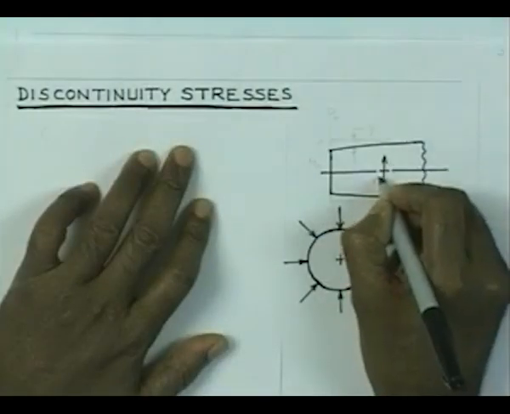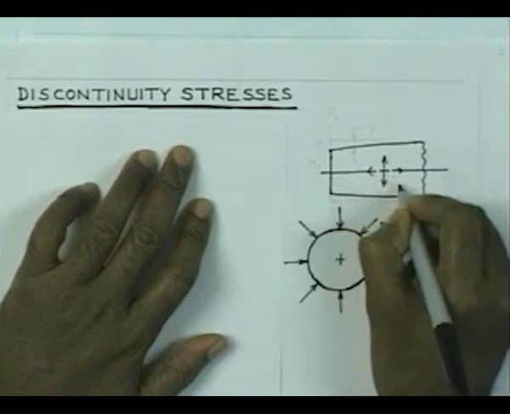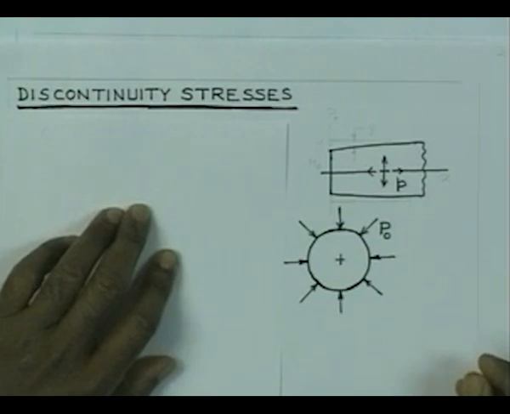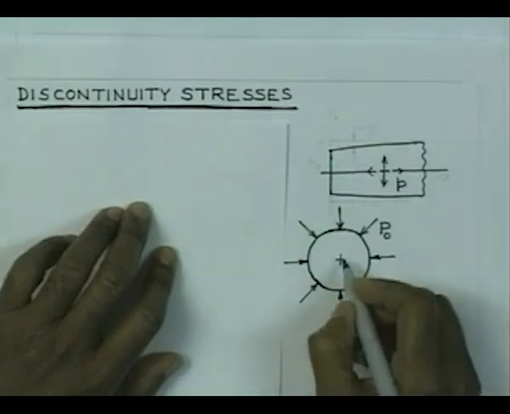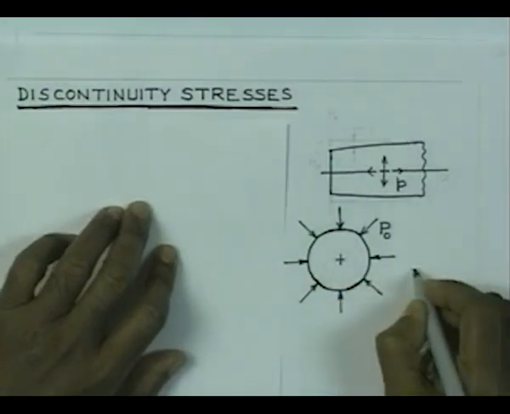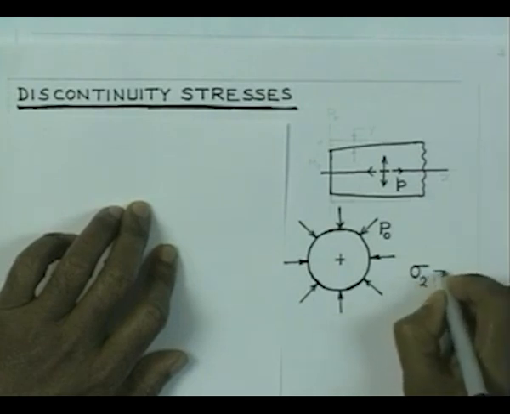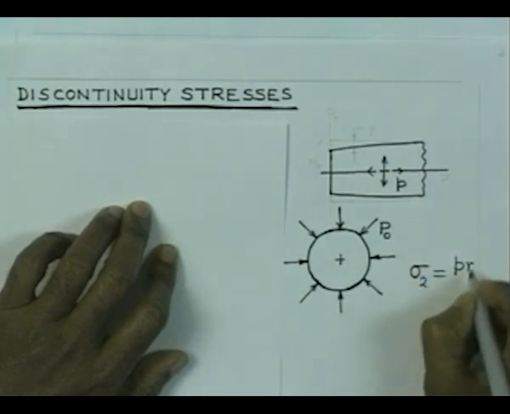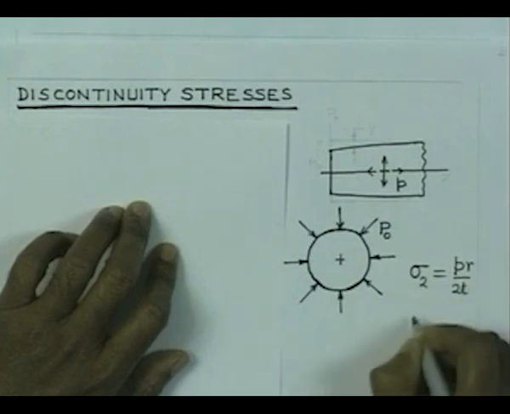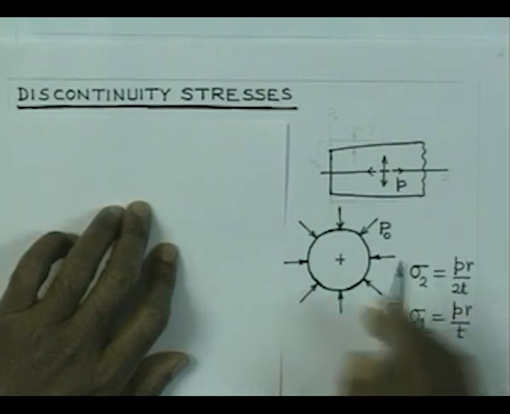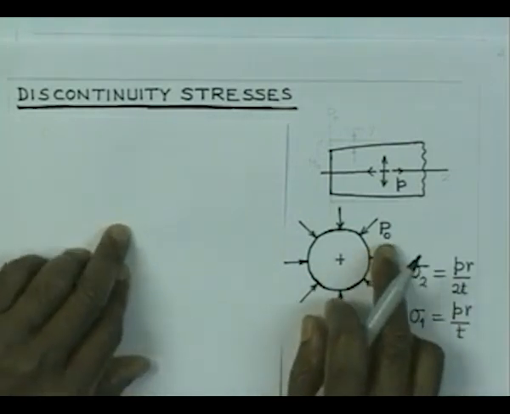If this vessel is also subjected to fluid under pressure, let us say P, you will get hoop stress, which we represent by sigma 2 is equal to PR by 2T, and then axial stress is going to be PR by T. So, these are the stresses if we did not have the presence of this force.